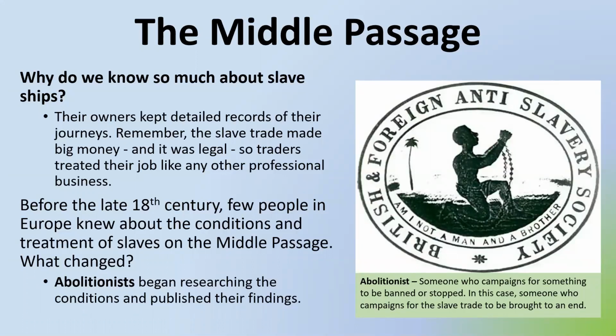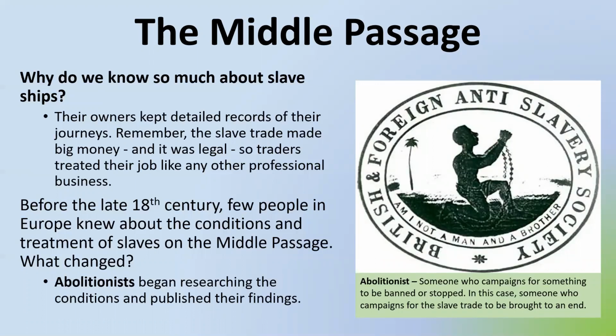Now, the thing is, most average people in Europe didn't know a lot about what the slave trade was like, the Middle Passage, the treatment of slaves, etc., until the late 18th century. This is when we start to see abolitionists. So we talked about that at the beginning, our keyword, people who are looking to ban something. So our abolitionists, people who are looking to ban the slave trade, come out with research and publish their findings.